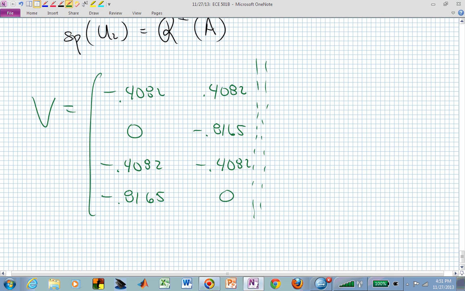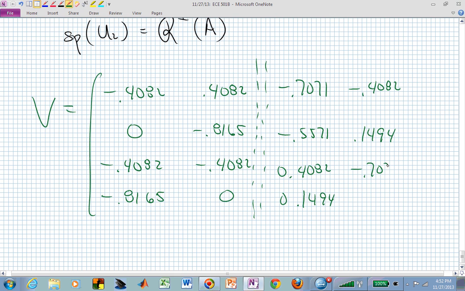singular values, so we can partition this 4x4 matrix into two sets of columns, the first set being 2 wide, the others are whatever is remaining, and in this case it's 4 minus 2 or 2 also. This set now is minus 0.707, 1, minus 0.5571, 0.4082, 0.1494, and finally minus 0.4082, 0.1494, minus 0.7071, and 0.5571.